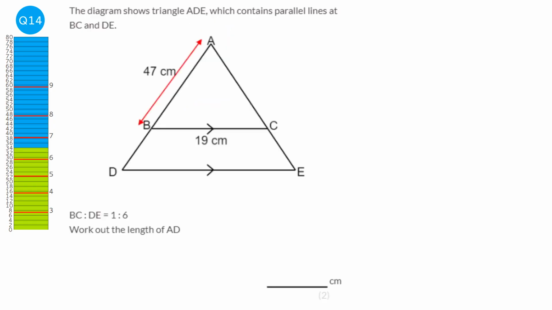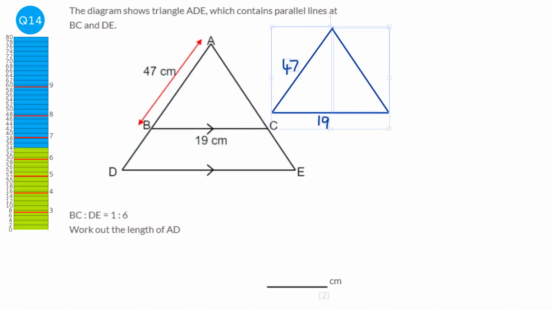With these questions, it's normally easier to view these as two separate triangles. So we've got a small triangle here with 19 and 47. And what I'm going to do is just move this out. And we've got a bigger triangle here.